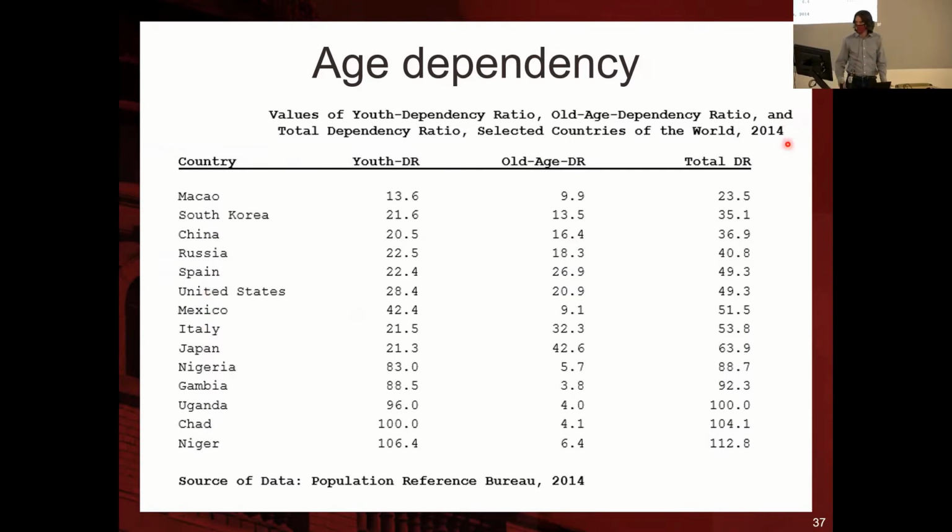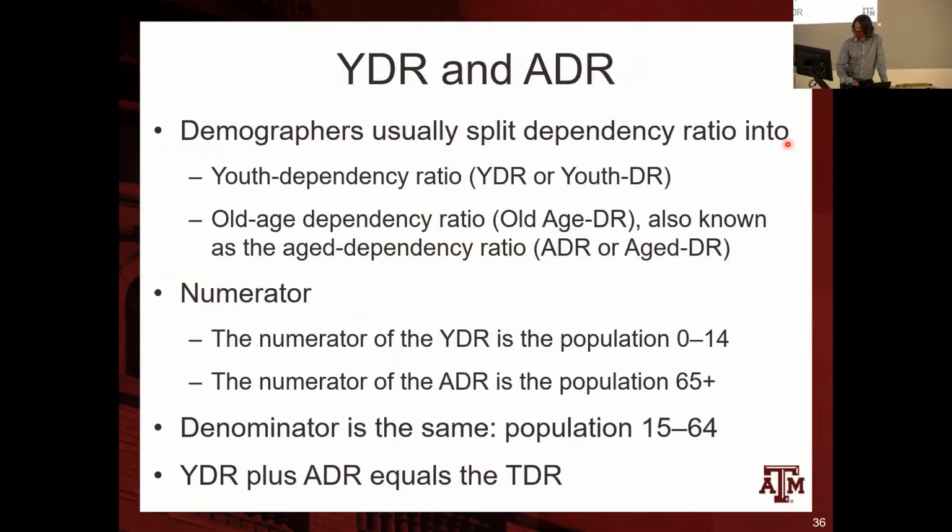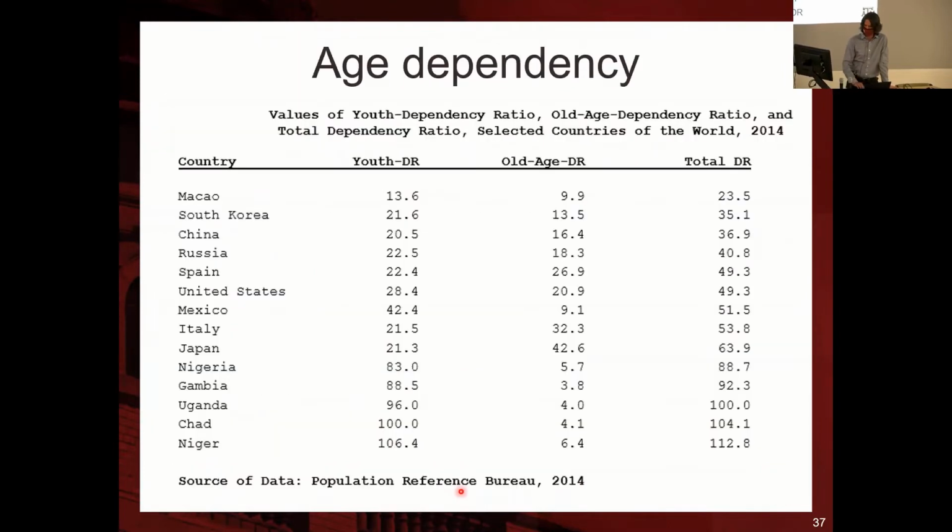One thing that I missed here, like this last sentence, is that the youth dependency ratio added to the old age dependency ratio equals the total dependency ratio. And you see this in this table. So the youth dependency ratio in Macau, the old age dependency ratio, and the total dependency ratio. South Korea, China, and all these other countries.